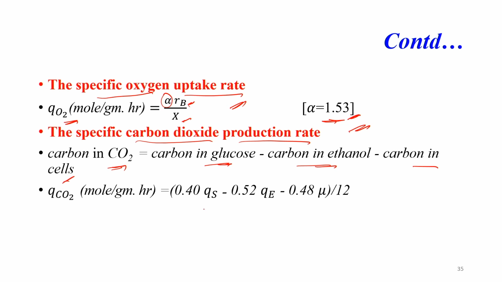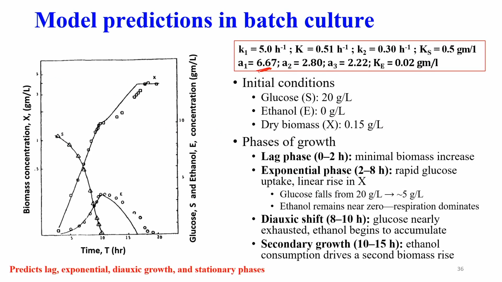So if you see Qs, the fraction of carbon in glucose is 0.4, in ethanol is 0.52, and in the cell is 0.48, divided by 12. So this model also enables us to calculate the specific oxygen uptake rate and specific carbon dioxide production rate.